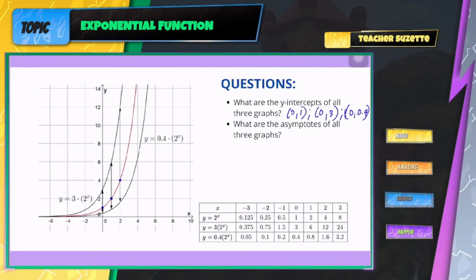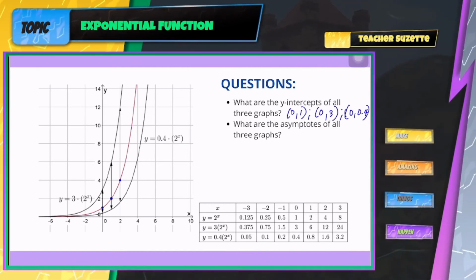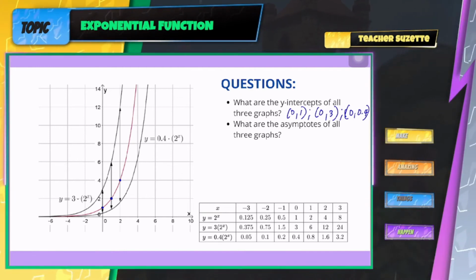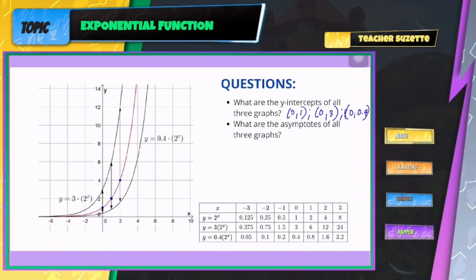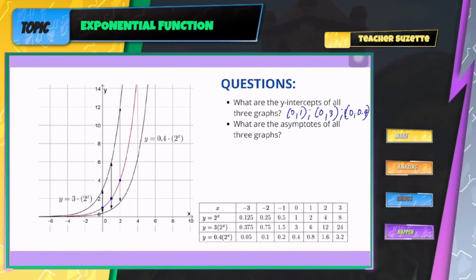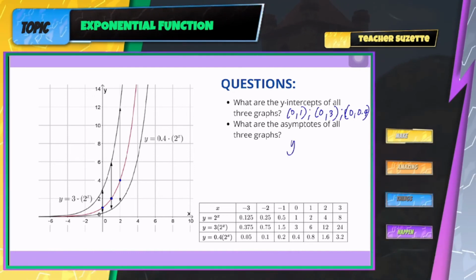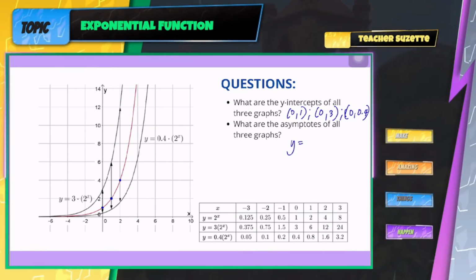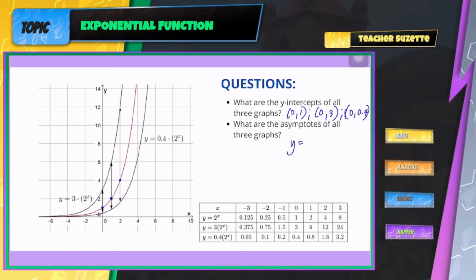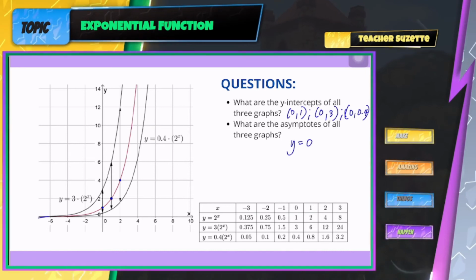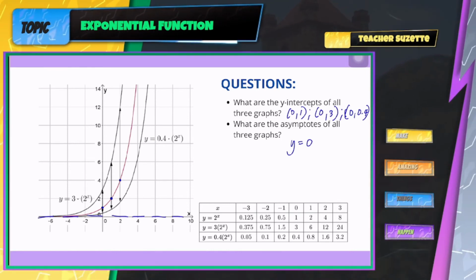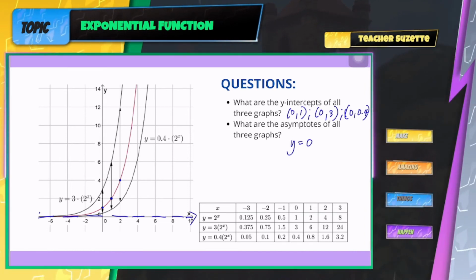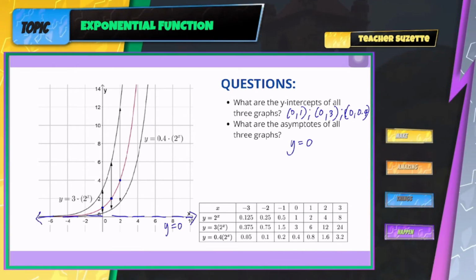Okay, next tayo, what are the asymptotes of all three graphs? So, obviously, just by looking at the graph, you can conclude that the graph approaches but never touches your x-axis, or particularly, that is a horizontal asymptote which is y is equal to 0. So, meron tayong horizontal asymptote, x-axis, or y is equal to 0.